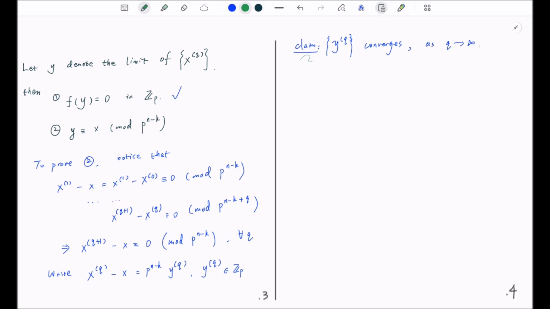And to verify this, it suffices to show that this sequence is Cauchy. And by the remark on page 13 of Sarah's book, as we have already used before, it suffices to show the difference between y q plus 1 and y q will go to 0 as q goes to infinity.